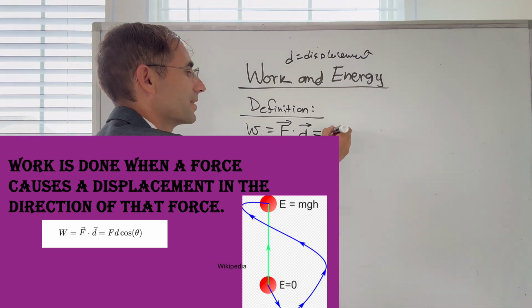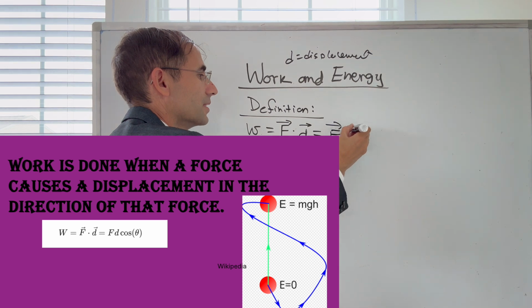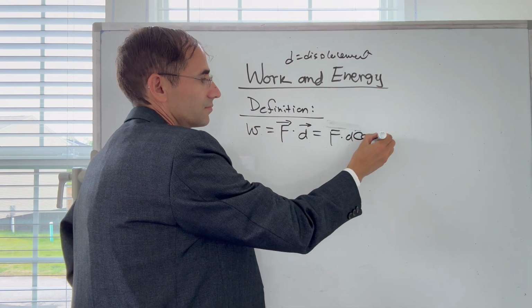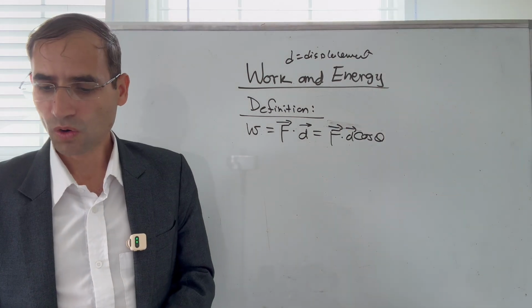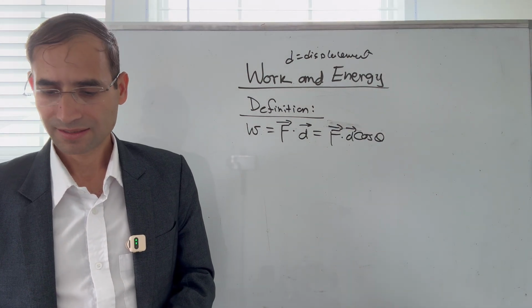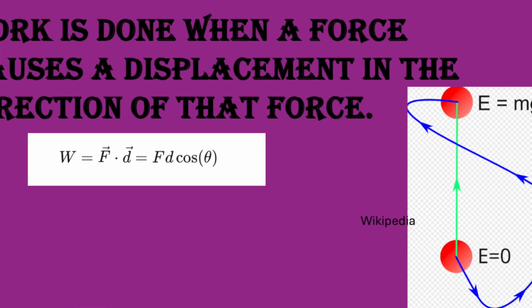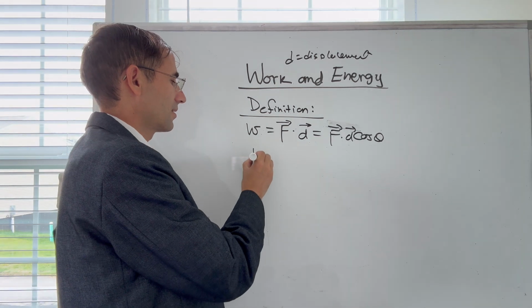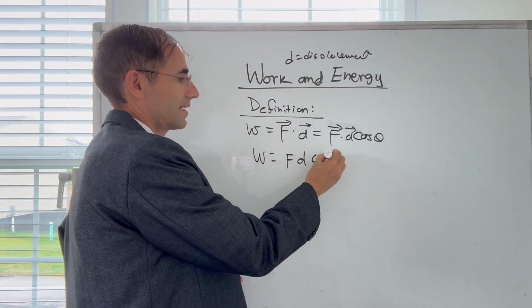This is the definition. To remove the dot product, you use F d cosine theta. The definition of work is when a force causes a displacement in the direction of that force. So here is the definition of work done: F d cosine theta.